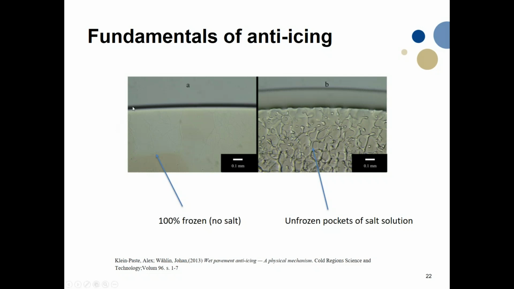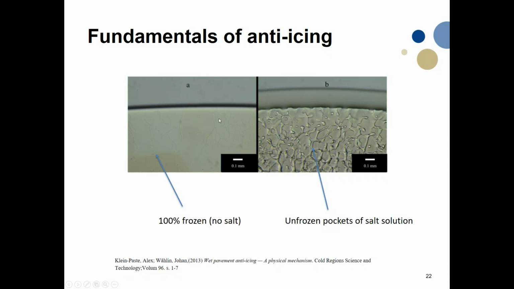So what you see here on the left side is a droplet of water that has been frozen, in the microscope, and we're looking just at the edge here. You see the edge of the droplet. So this is only 0.1 millimeter, and you can see the grain boundaries between the crystals. So we have different crystals in the ice, but they are all firmly attached to each other.